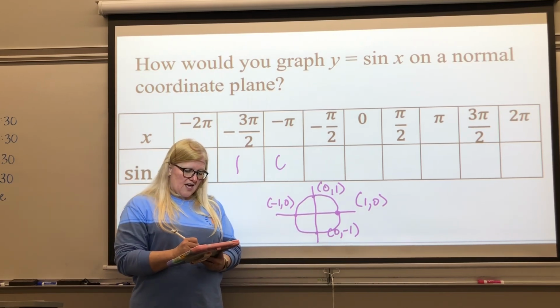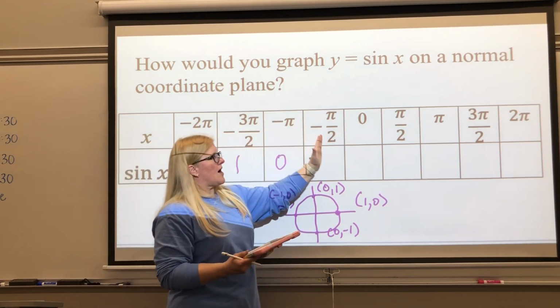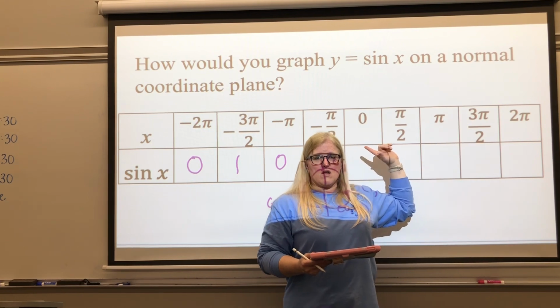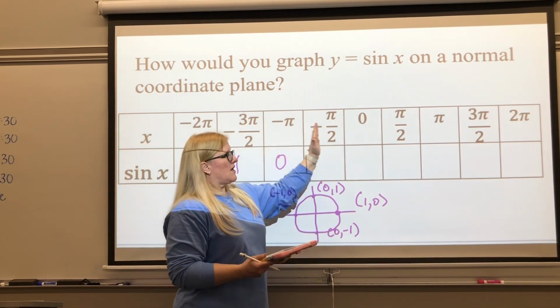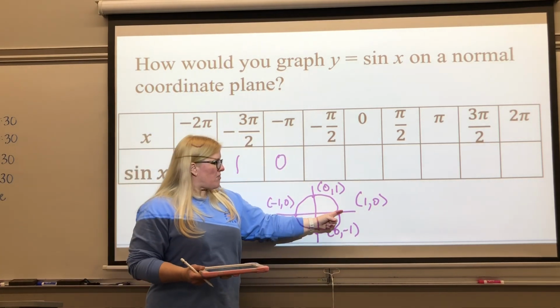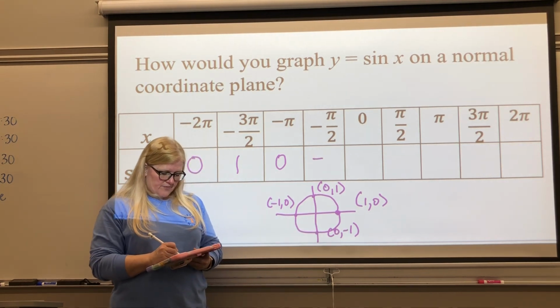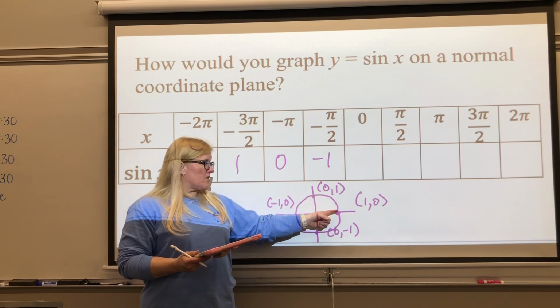Hopefully you can tell that what I'm doing is I'm starting as if I'm going up the x-axis, starting from lower points and moving up. So -pi over 2 would be -1. Now I'm coming around again.